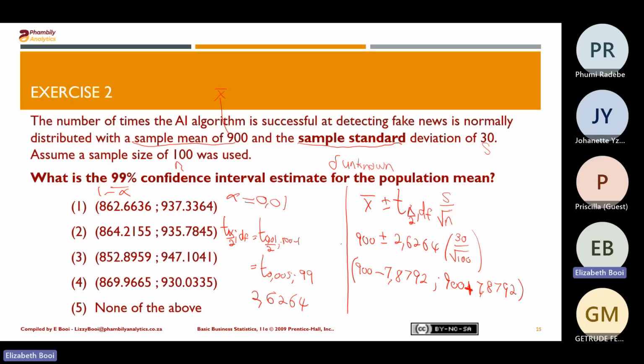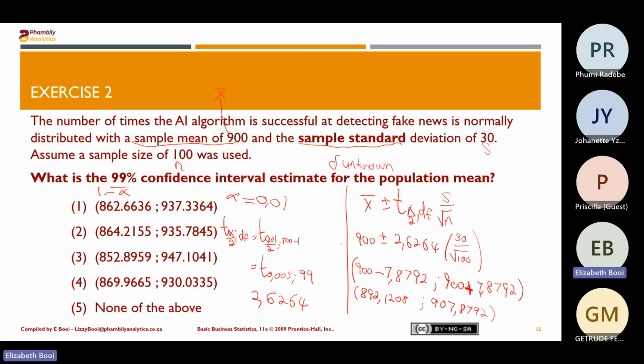And when we solve this, on the lower limit, we get 892.1208, and on the upper limit, we get 907.8792.